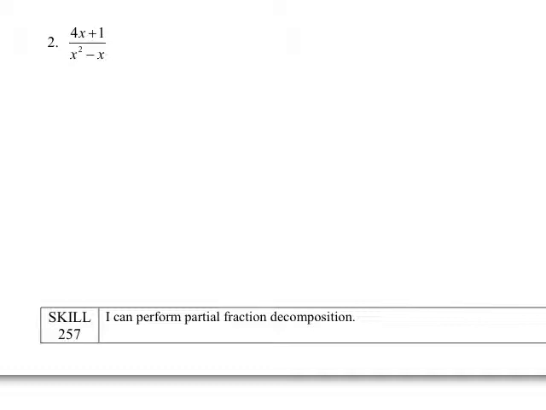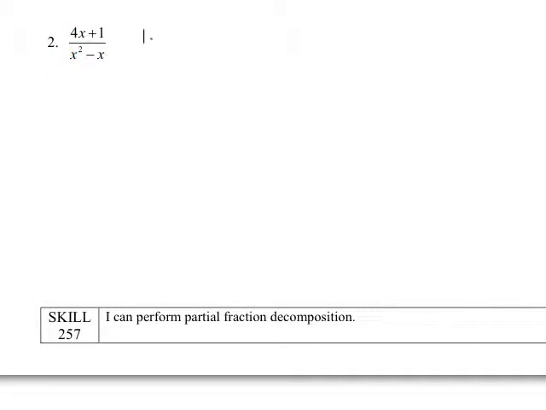If the degree in your numerator were higher, then you would need to do long division of polynomials, and then you could start this process with what would probably be your remainder.